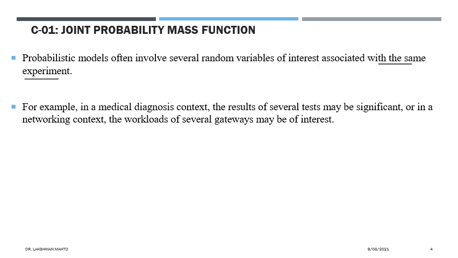For example, in a medical diagnostic, the result of several tests may be significant. Like a doctor is trying to infer that one particular patient is having some particular kind of disease, then that doctor will suggest various tests. It is not like that only one test would be sufficient to infer about that particular disease.